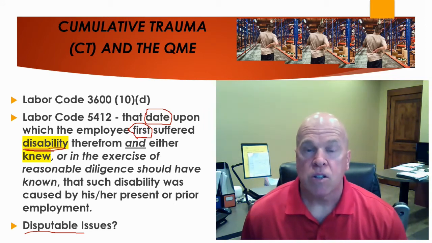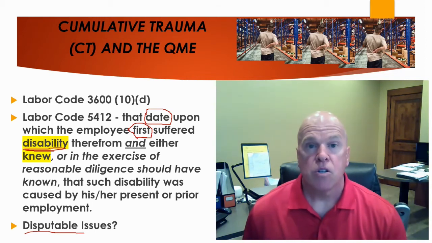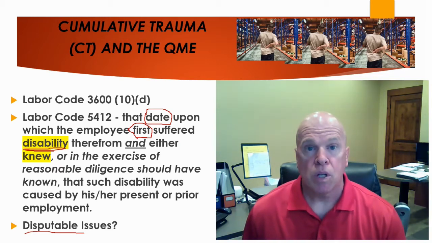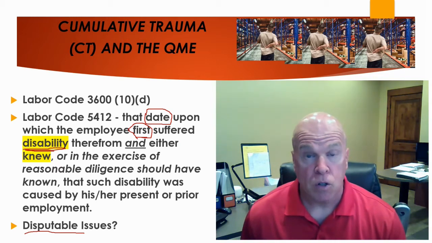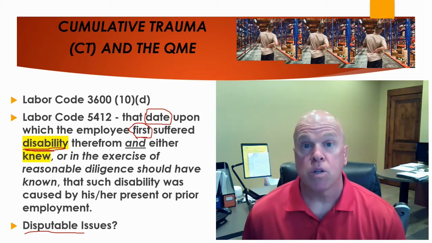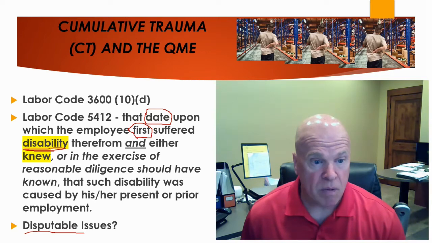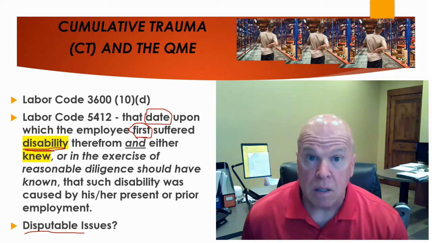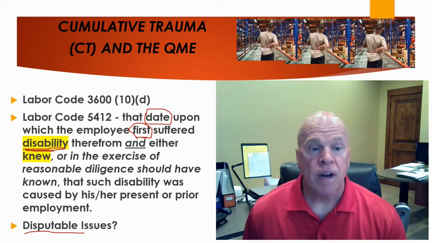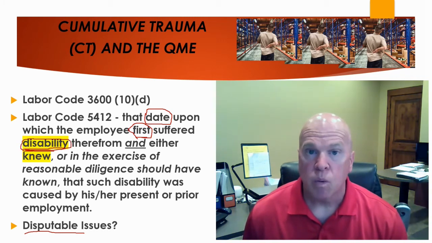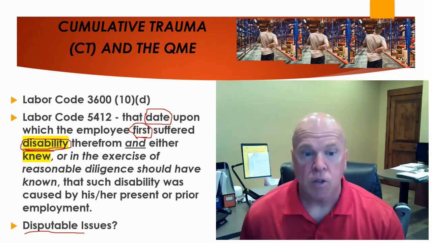What qualifies as disability? Is disability the need for medical treatment? Is disability the first suffering of symptoms? Is disability when the employee first suffered their first wage loss? In other words, they went off work and suffered loss of wages. Is it when they suffered their first permanent disability? What qualifies as disability? This is an area of great dispute as well, and we're going to see that in the cases that we reviewed today.